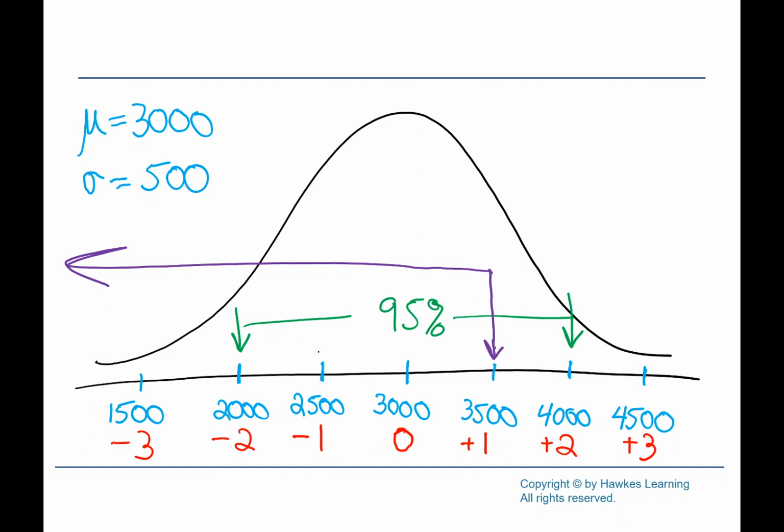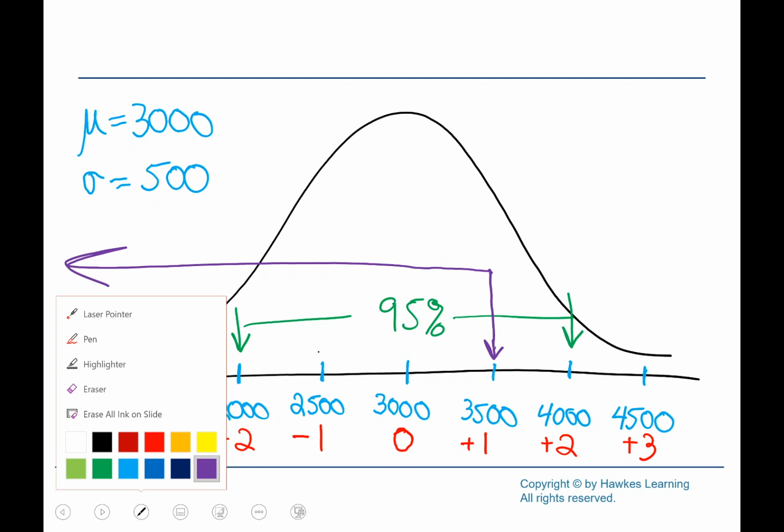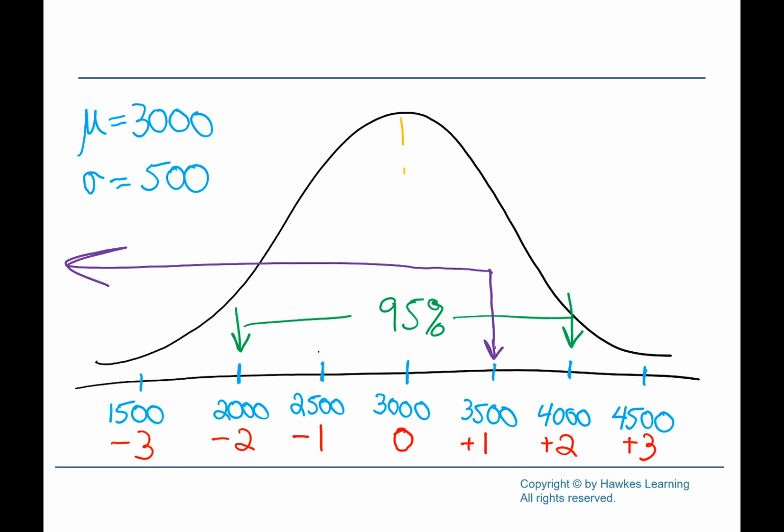So, since it's symmetric, if we draw a line right down the middle, okay, so here's our line right down the middle at the mean. How much of our data, what percentage, is going to be to the right of this line? 50%, good, because it's symmetric, right? Means we have 50% on this side, 50% on this side.